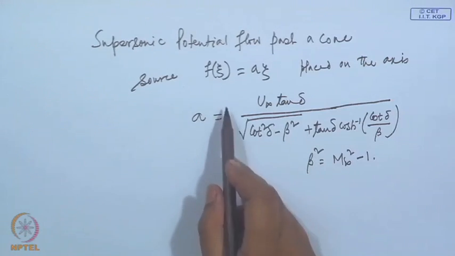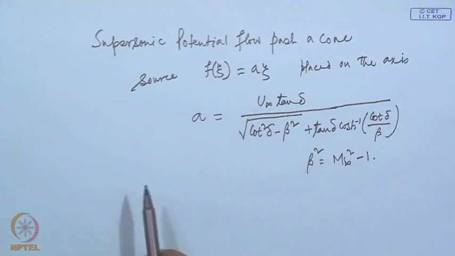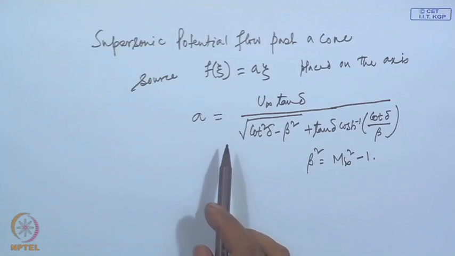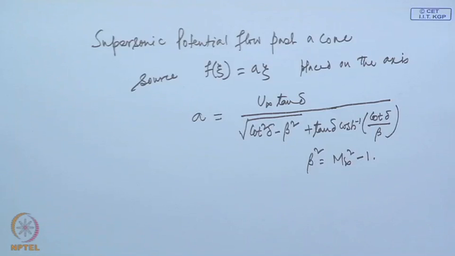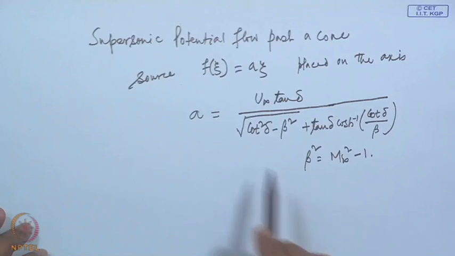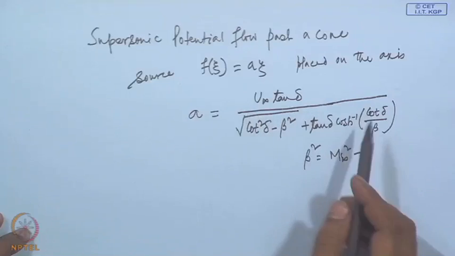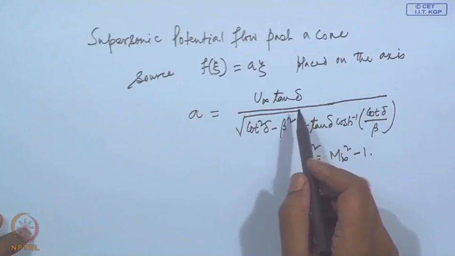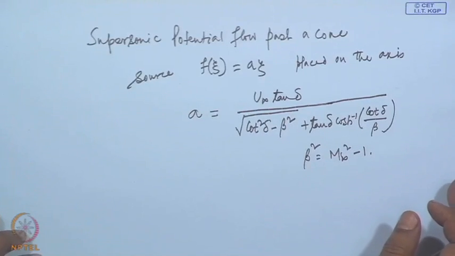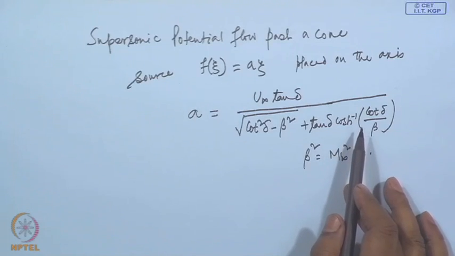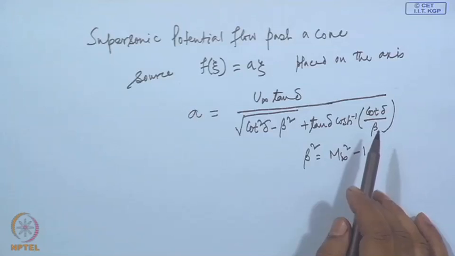However, once this source distribution is known, the complete potential and the velocity components and pressure can be computed using the appropriate formulae. Now, this expression for the constant A is a little bit unwieldy, and we mentioned that this expression can be simplified if we have a very slender cone.